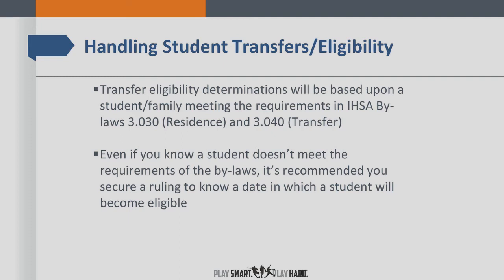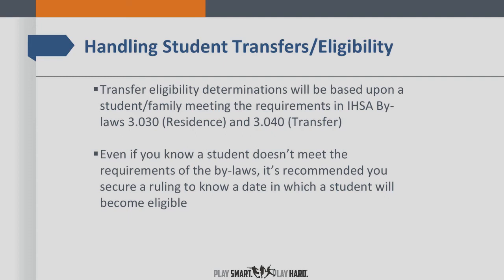I would always recommend, even with you knowing that's the case, that you send to the IHSA office to secure a ruling, again, anticipating that the student may not have eligibility, but we will be able to identify a date at which the student will become eligible.